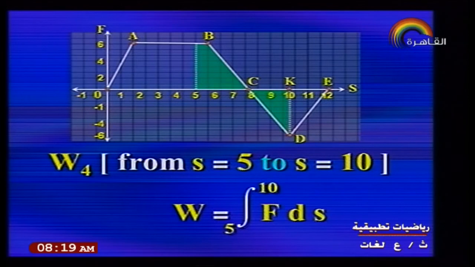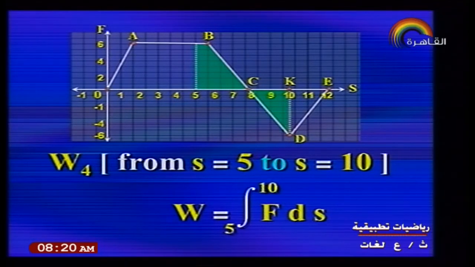Area of triangle CDK equals half base times height, half 2 times what? Times 6. Then find the required region.